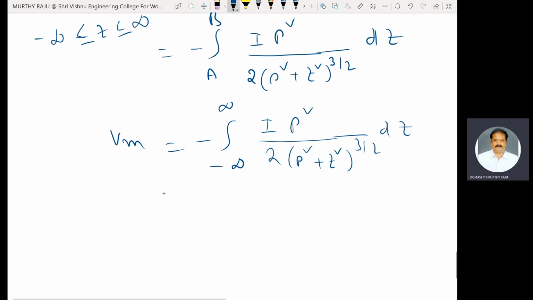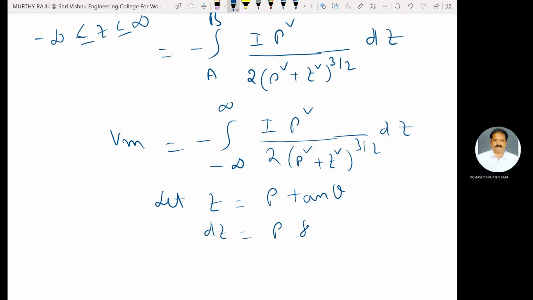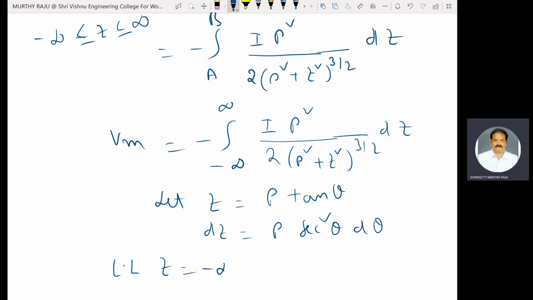But let z is equal to rho tan theta. Dz is equal to rho secant square theta d theta. Lower limit, z is equal to minus infinity.